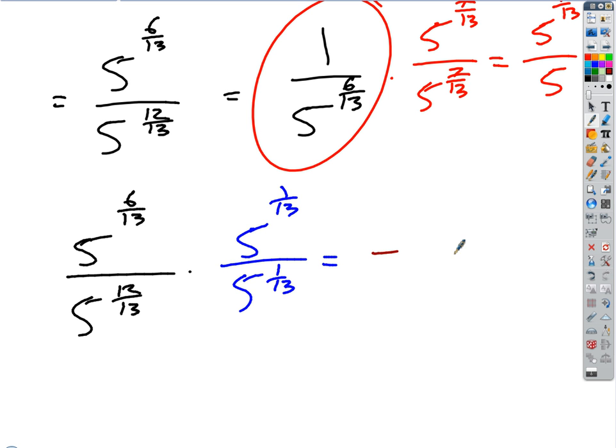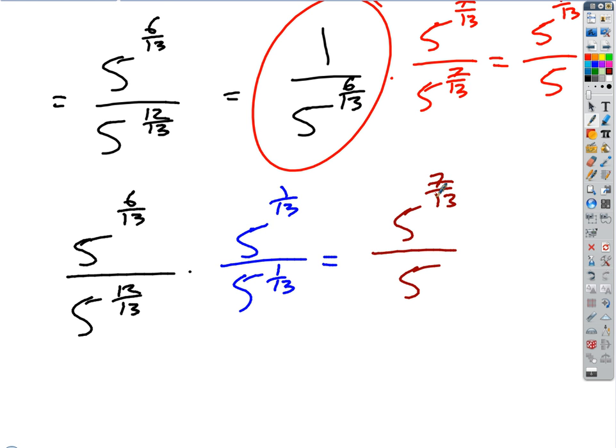Well, that makes sense, because 7 over 13 was just such a random number. Yeah, but now we can see where we get it from, right? 5 to the 6 13ths plus 1 13th. There's our 5 to the 7 13ths. Make sense? Yes, ma'am. So you just try to complete the larger integer.